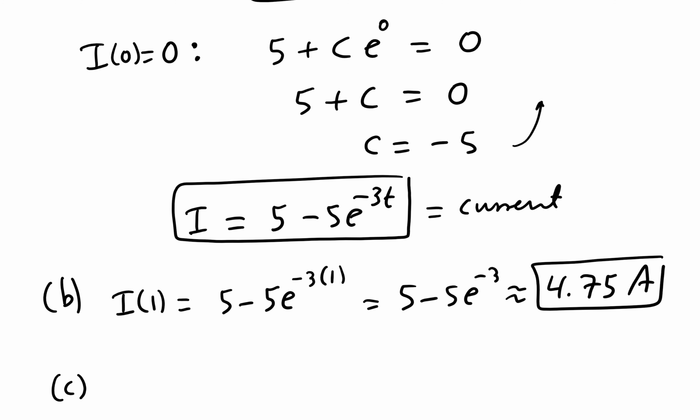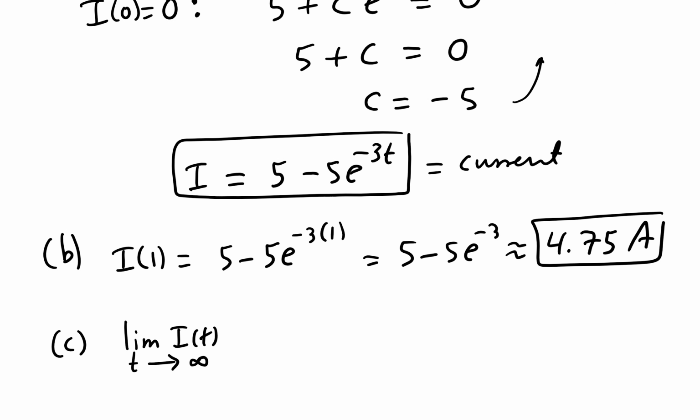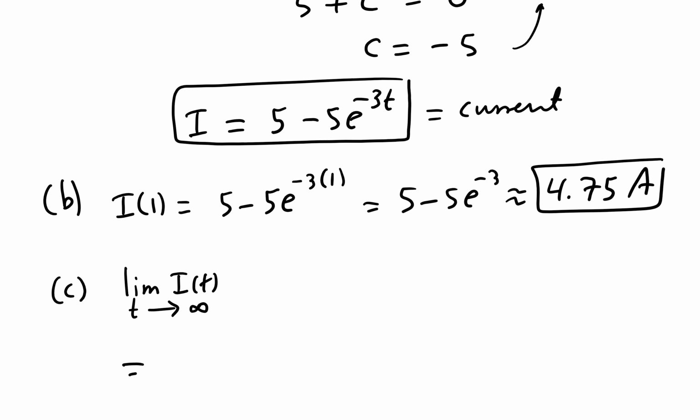Part C is asking us for the limit of I of t as t approaches infinity. That's the limiting current. It means as t grows really large, what do we get. So this would be what we found in part A, which is 5 minus 5e to the negative 3t.